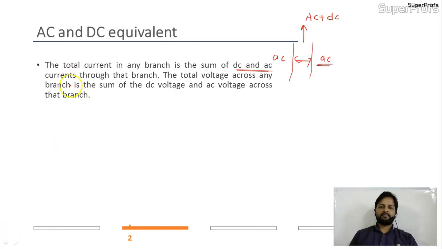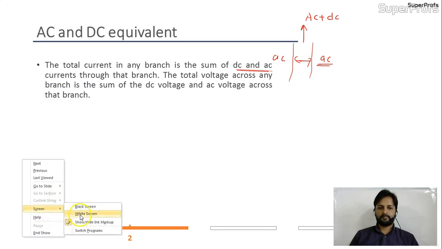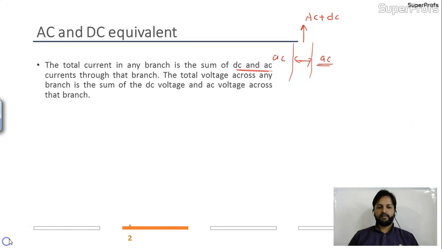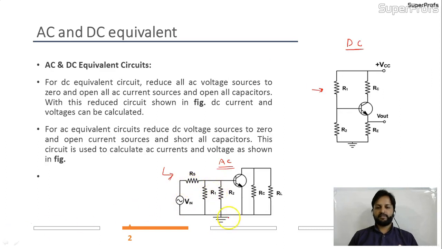So now we'll take some problems. Friends, we'll see some problems, but before that we have to discuss one thing. In this circuit, these are the circuit parameters, R1, R2 and all, the input portion and output portion.